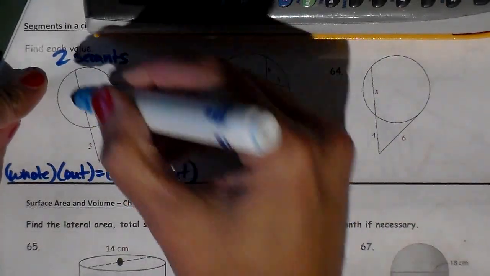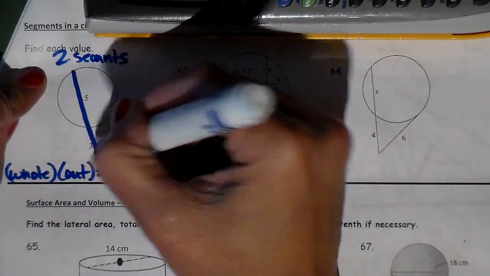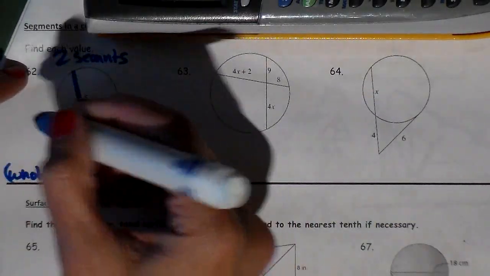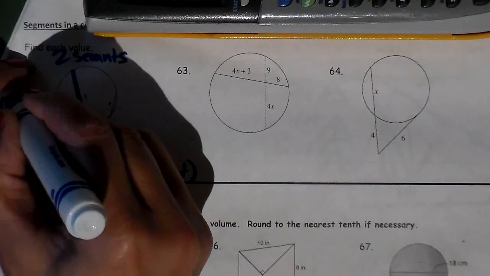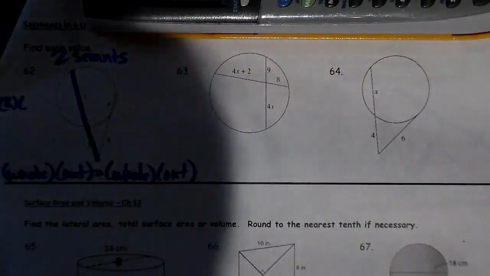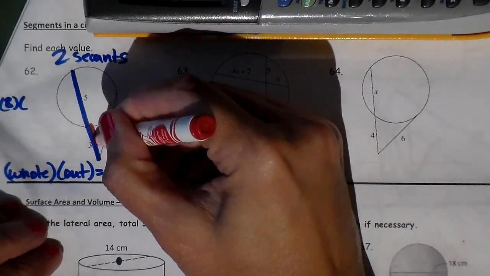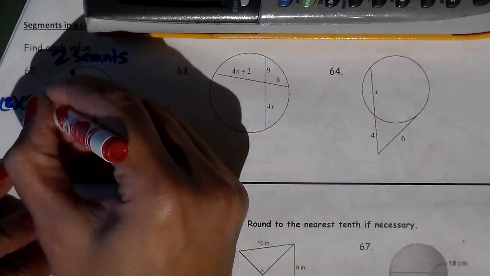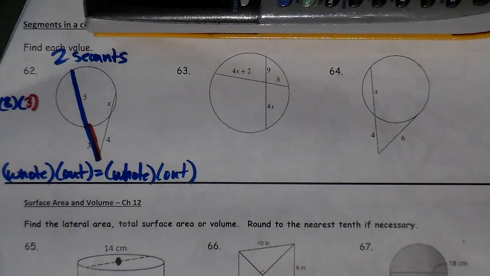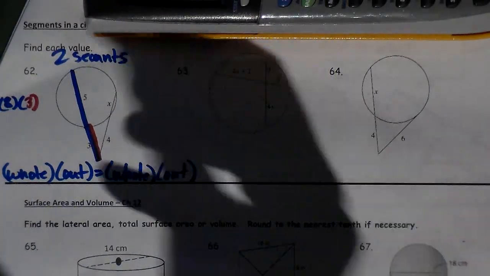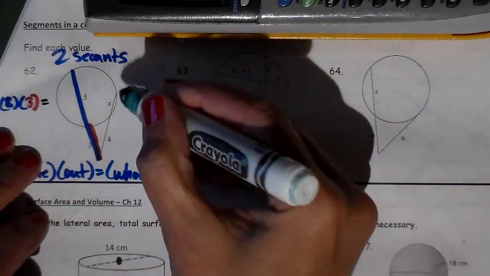So, what's the whole thing here? The whole thing is 5 plus 3, so the whole thing is 8. What's just the outside piece? 3, right? Did we see that? Good. I hope you can, because you can't talk to me.